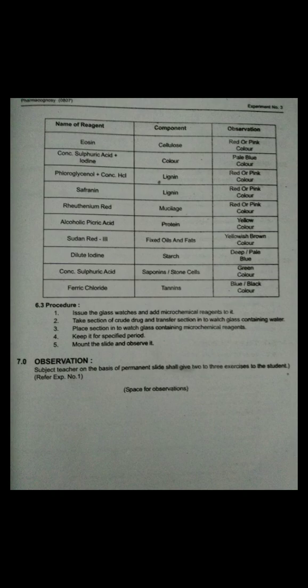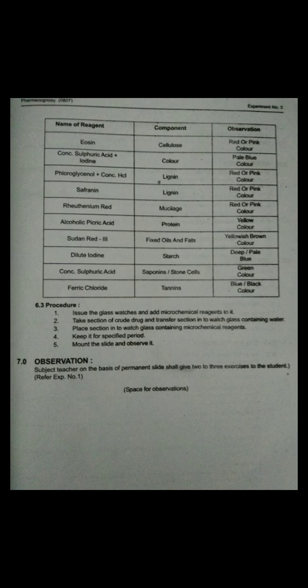Then concentrated sulfuric acid, component saponin or stone cells, observation is green color. Then ferric chloride, component tannins, observation blue or black color. Okay, these are the specific microchemical reagents. Then next is the procedure.